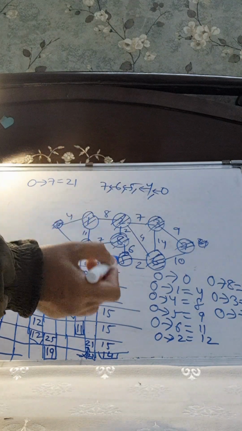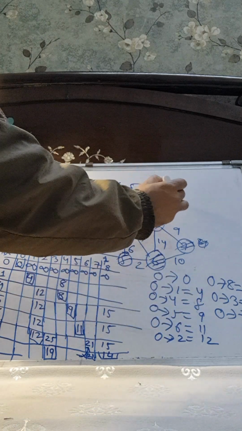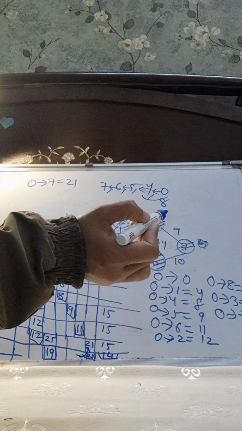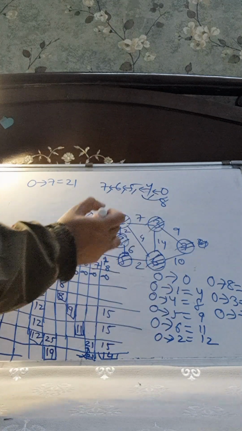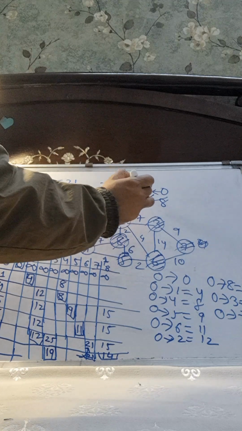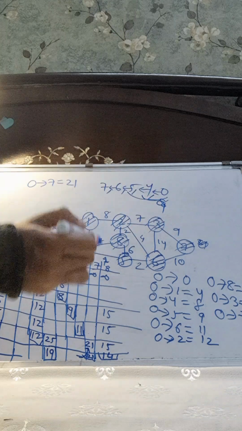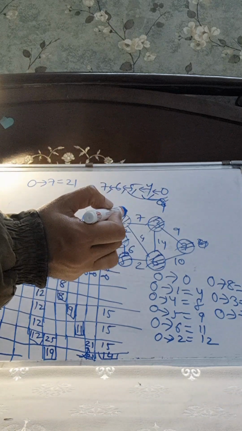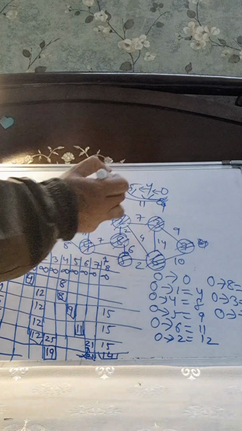And you can see the cost of 0 to 4 is how much? 8. So 0 to 4 you can add it, 8. And 4 to 5 you know the total cost is 9. So 8 plus 1, so 0 to 5 you can see the total cost is coming as 9. 0 to 6 you know it's 11.